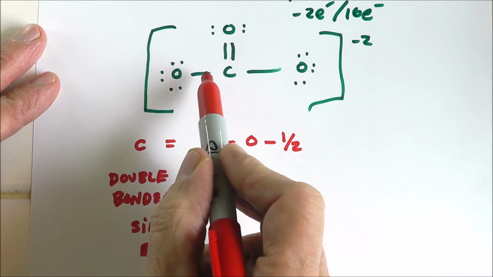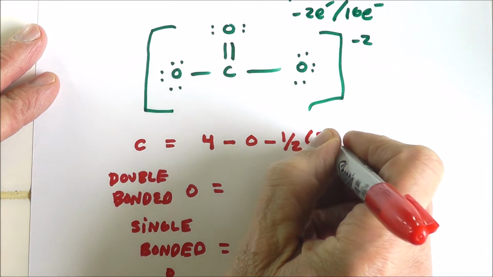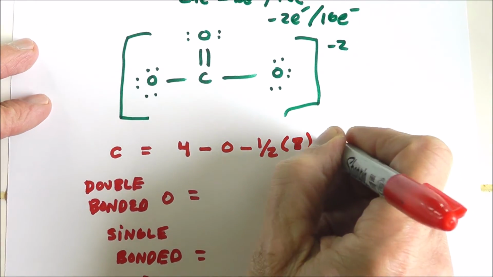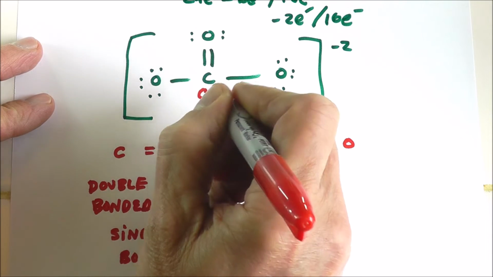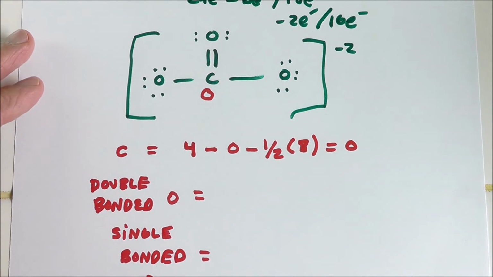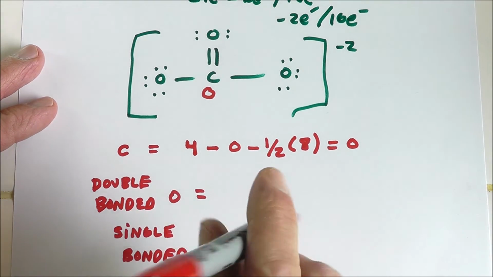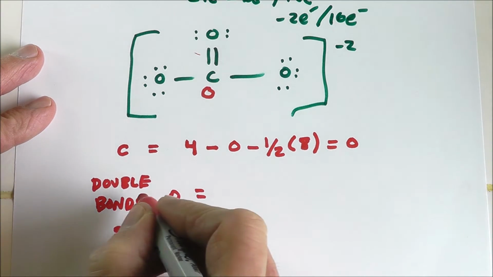Bonding electrons are the dashes. 2, 4, 6, 8. 4 minus 0 minus 1/2 of 8. Where I come from, that is 0. So the actual charge on that carbon atom is 0, which means the negative 2's got to be coming from somewhere else.